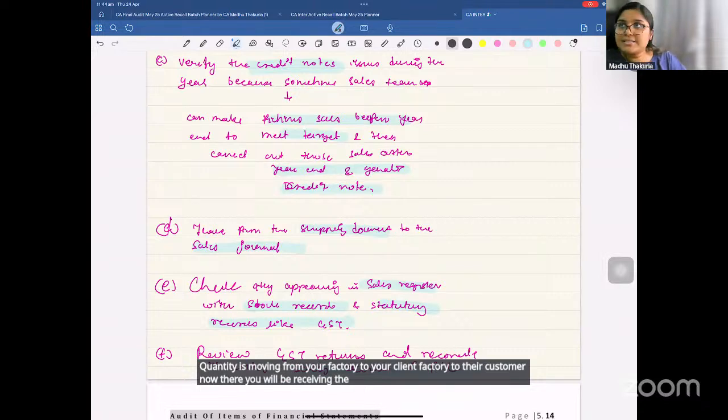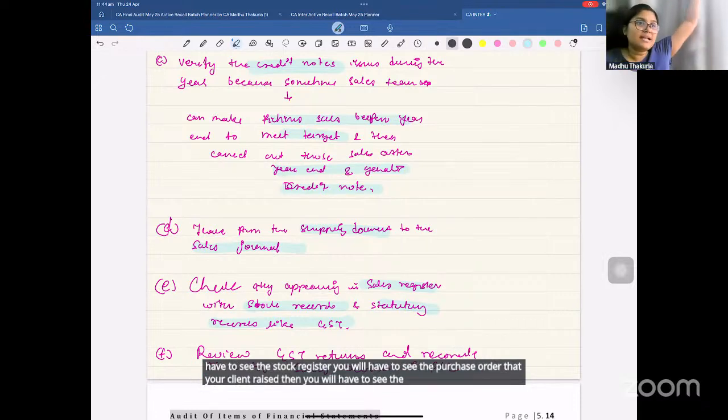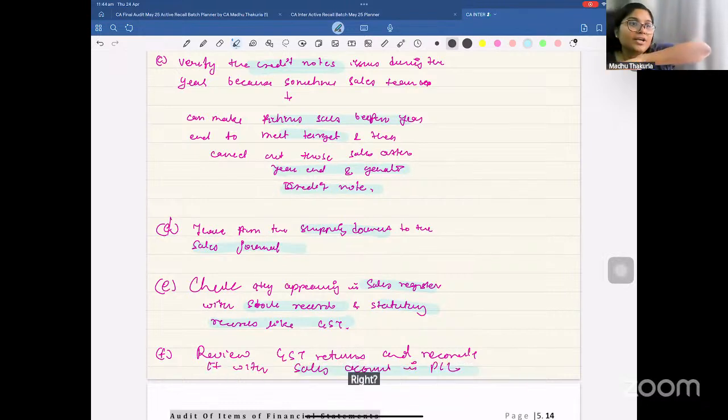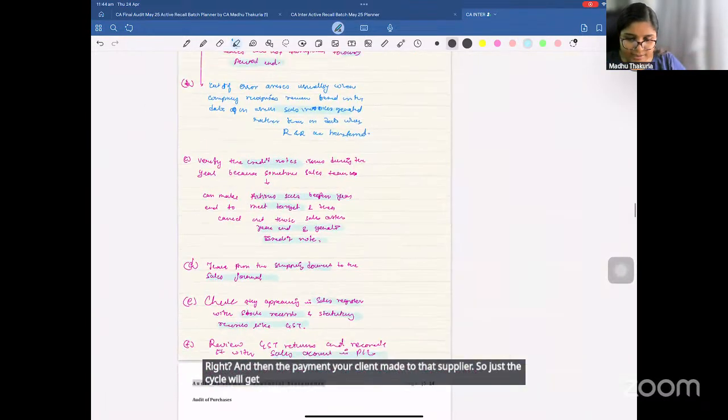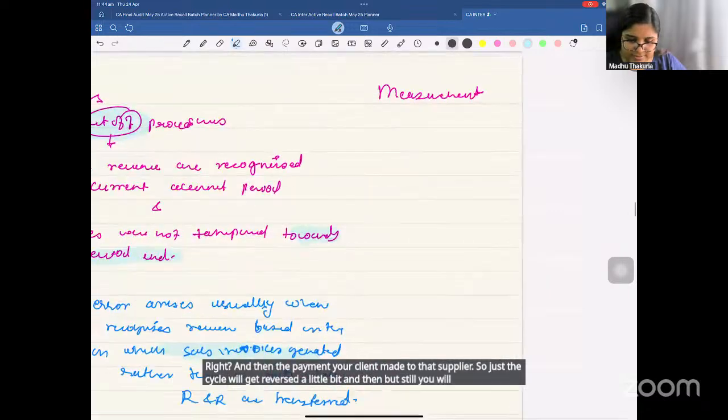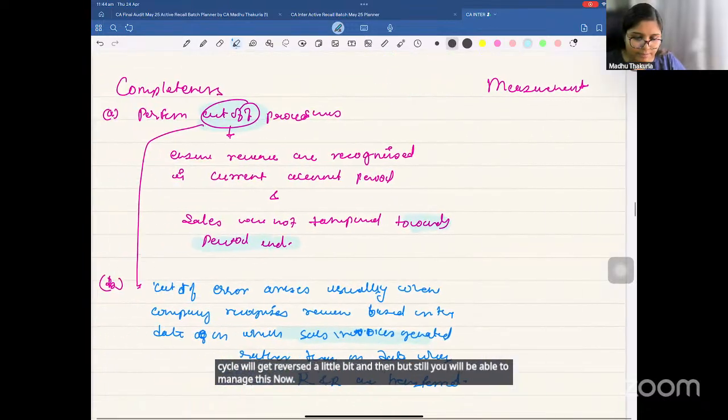Again, you will have to see the accounts, the GST records, the stock register, the purchase order that your client raised, then the purchase invoices that the supplier has raised, right? And then the payment your client made to that supplier. So the cycle will get reversed a little bit, but still you will be able to manage this. Now let's talk about the measurement.